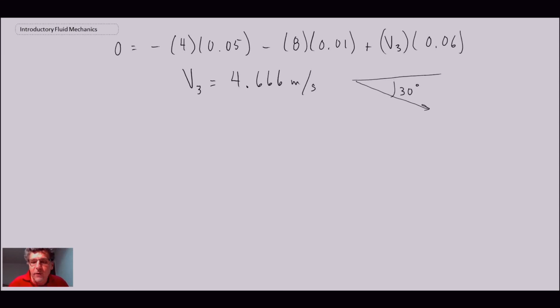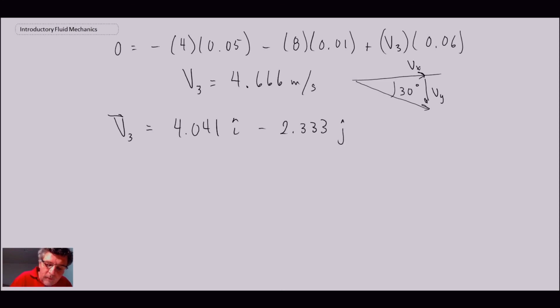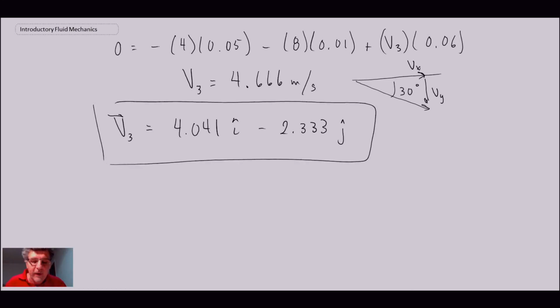And so we can go through with trig relations and break that into a vector component, having our Vx and then a Vy. And what we then find for V3 expressed as a vector, and that gives us the velocity, and that was what we were after for this problem.